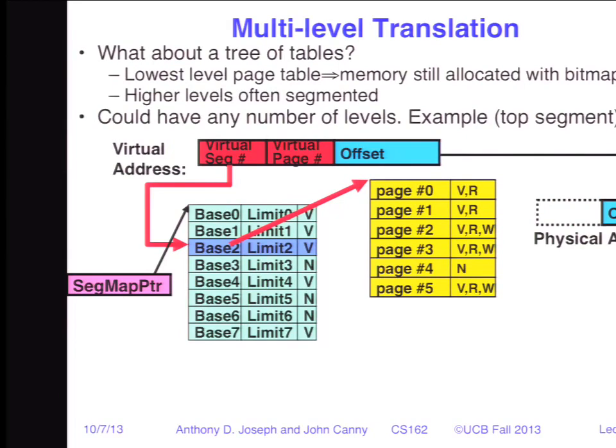And so before, the segment was giving us the actual data page. Now it's giving us a page table. Okay, the page table has size limit 2. So now we're going to take our virtual page number, and we're going to index into that table. So we look up the virtual page number in that, and that now gives us a physical page number, since our lowest level scheme is paging. So now we have a physical page number that we can use.